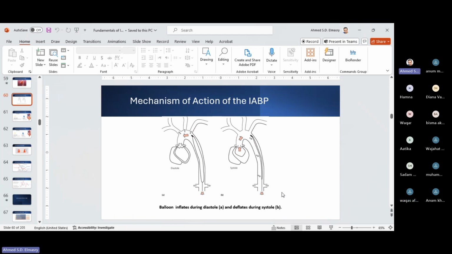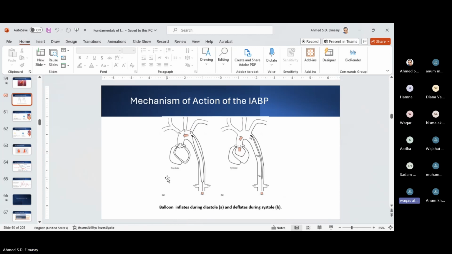Yes, this happened because you have the heart, and you have the blood pressure inside the aorta. In normal situations, the pressure inside the left ventricle is higher than the pressure in the aorta. If the heart is working properly, the heart will be able to overcome the blood pressure inside the aorta, because the blood pressure inside the aorta works as a force working against the heart.